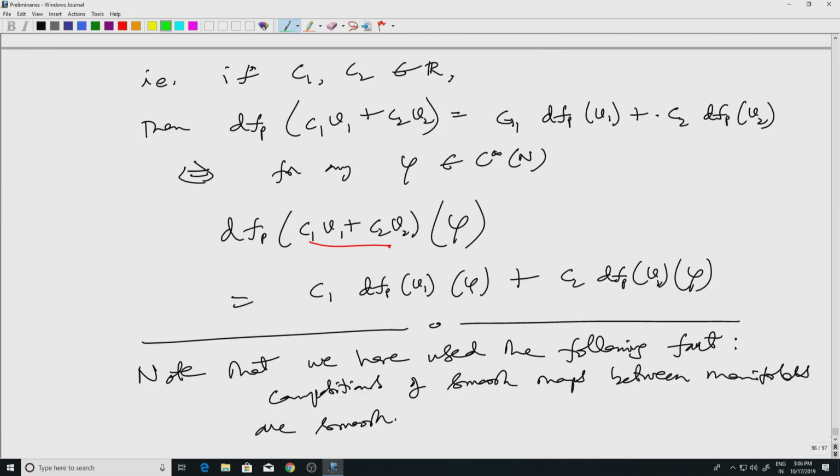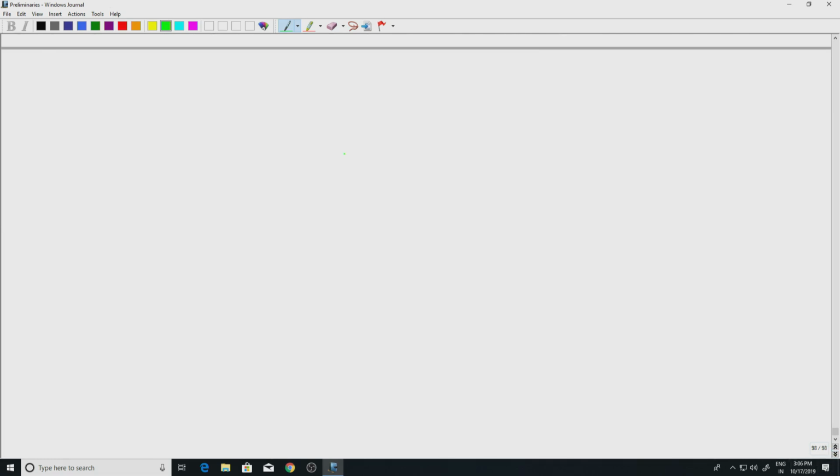But more precisely, one would like to claim that this notion of derivative is equivalent to our earlier notion of derivative when we go back to R^n.